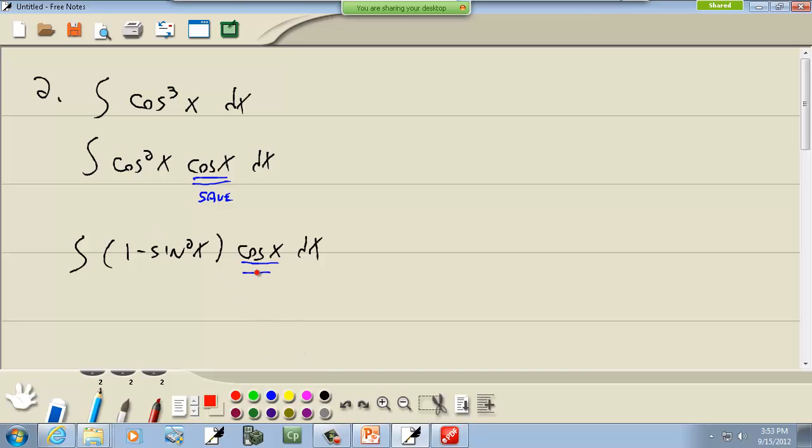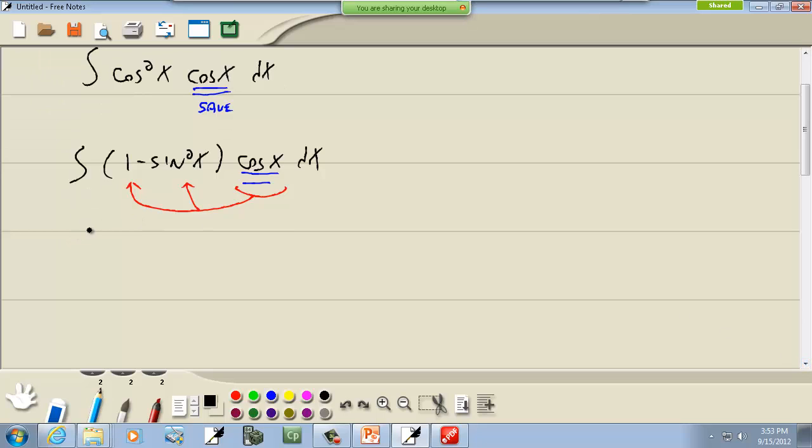Now this is like the distributive property. We're going to take this and multiply it times the 1 and times the negative sine squared. Well, cosine times 1 gives us cosine, and I'm going to split these into separate integrals while I'm doing that. Minus cosine times negative sine, I put negative out in front, and we got sine squared cosine dx.